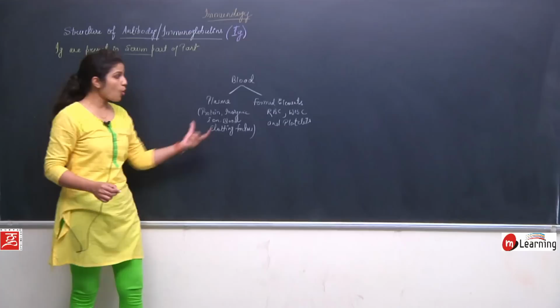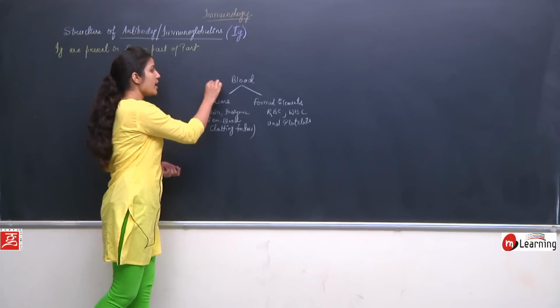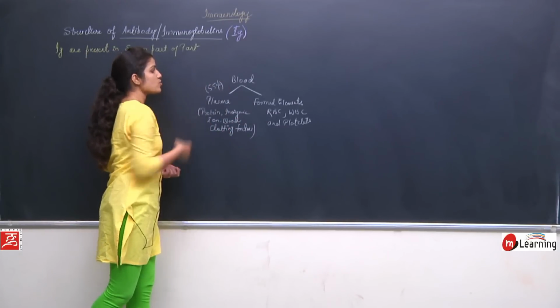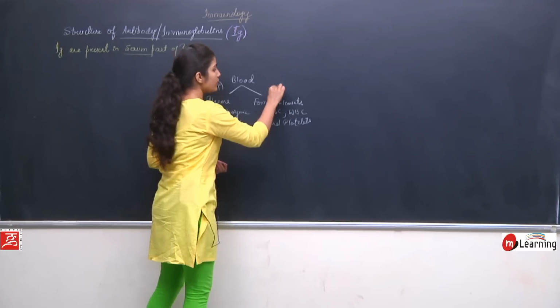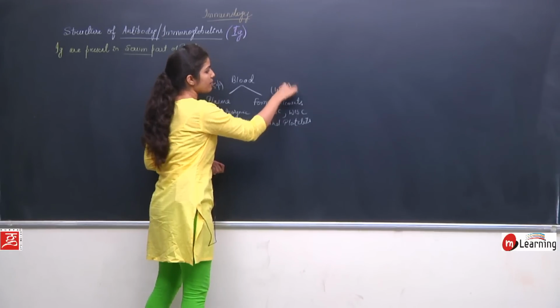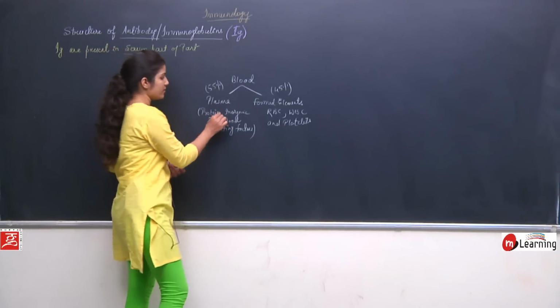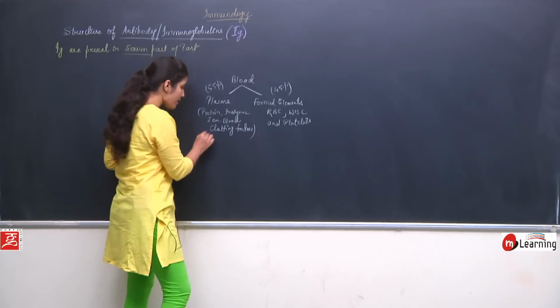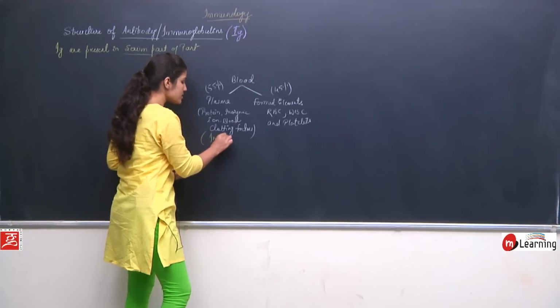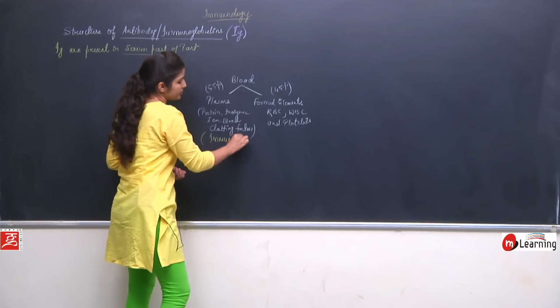Okay. This is the composition of our blood: 55% comprises plasma and 45% comprises formed elements. Here in our plasma part, immunoglobulins are present.